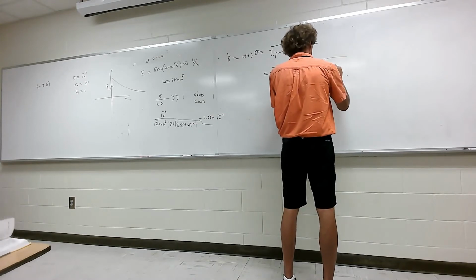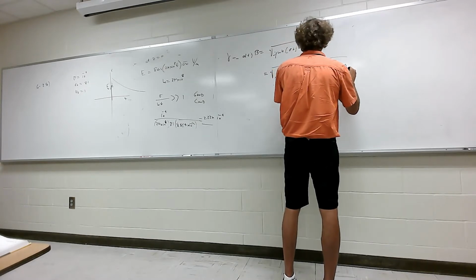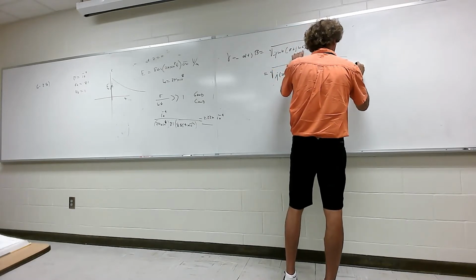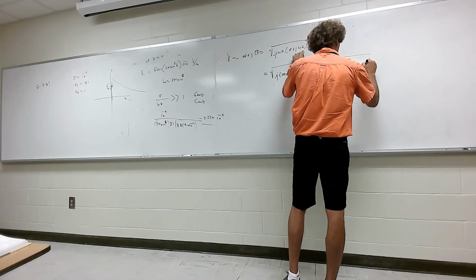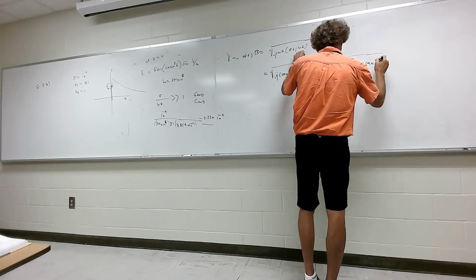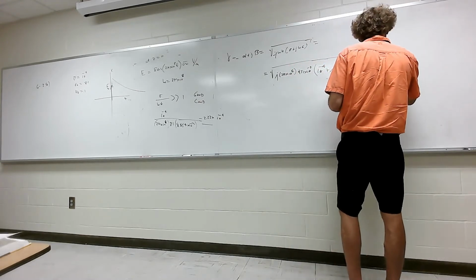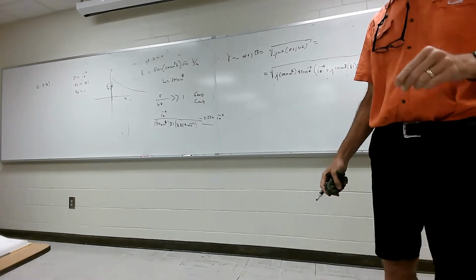Plus j, and then omega, which is 2 pi times 10 to the 8th, times 81, and then times 8.854 times 10 to the minus 12. And if you do that, remember that square root. It gives me what alpha and beta are. Alpha is going to be small, beta is going to be large.